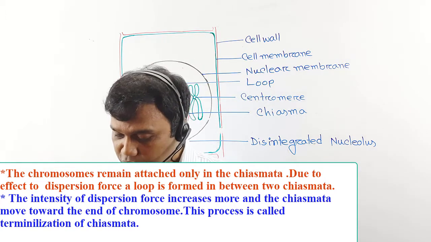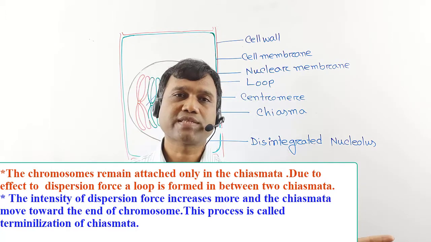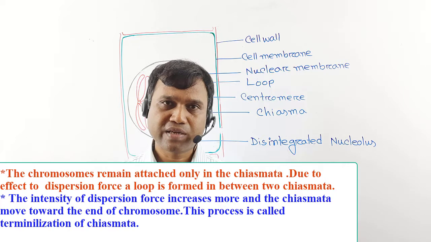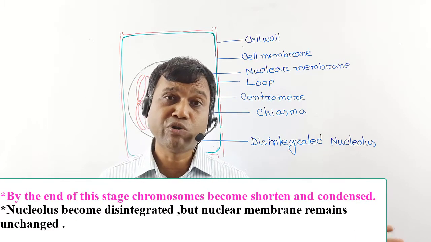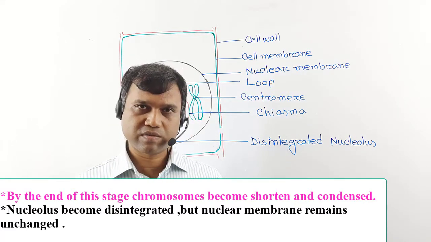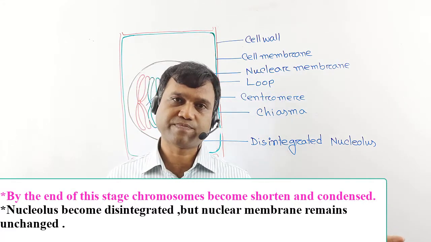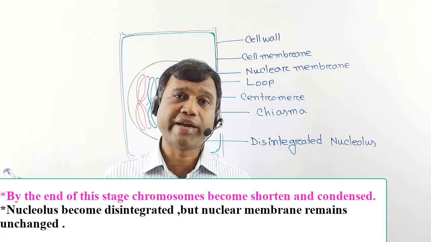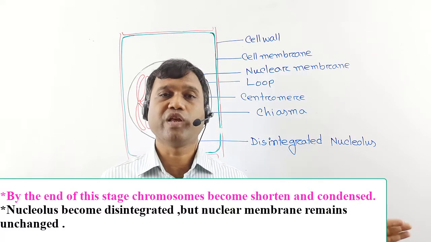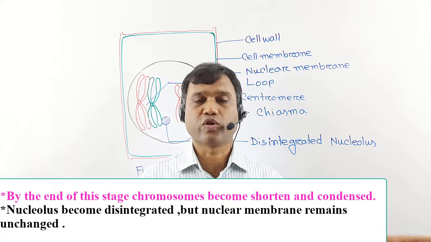The place between two chiasmata is known as a loop. Nuclear membrane remains unchanged, but nucleolus is going to disappear. And by reducing water, the chromosome gradually becomes thick and short.